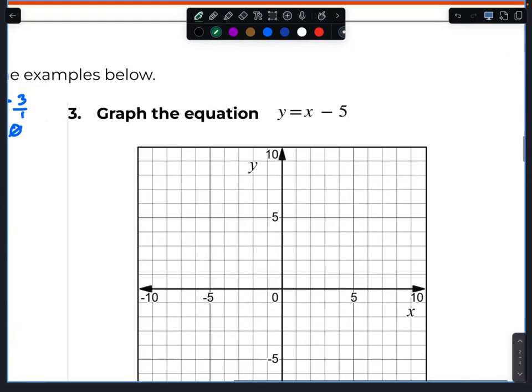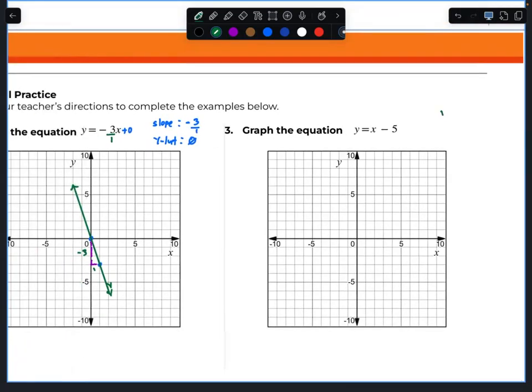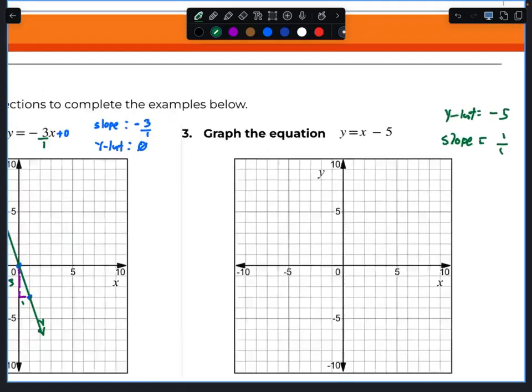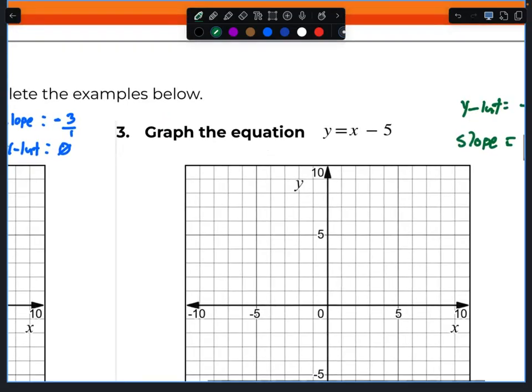Okay, next practice. x minus 5. What is the y-intercept? Negative 5. And the slope is 1, or 1 over 1. There is always an imaginary 1.